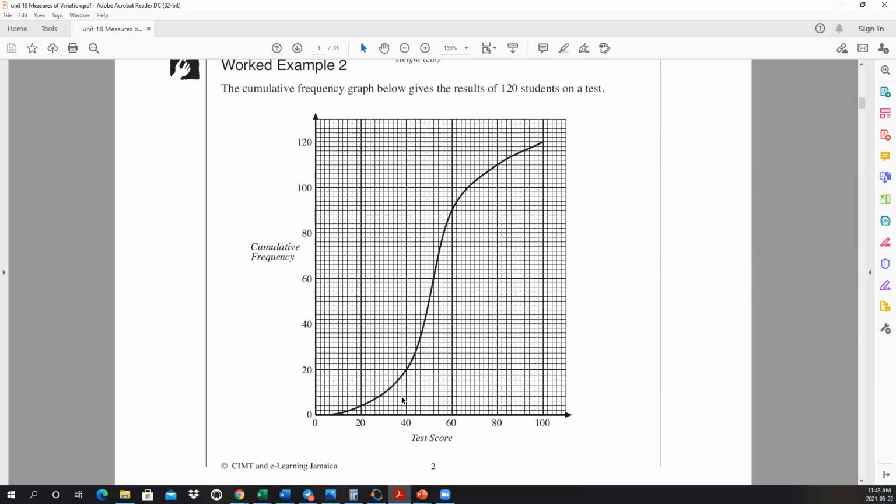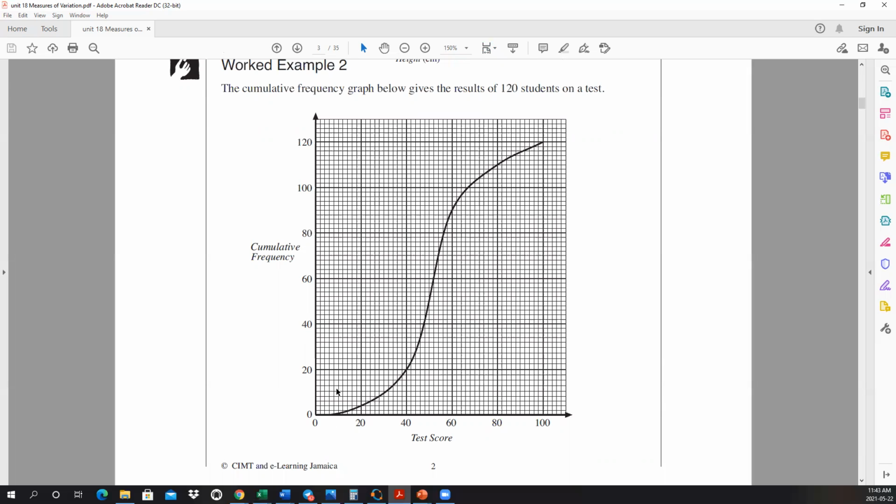If you were to choose a point at random, you could say 20 students got up to 40 on their test score.